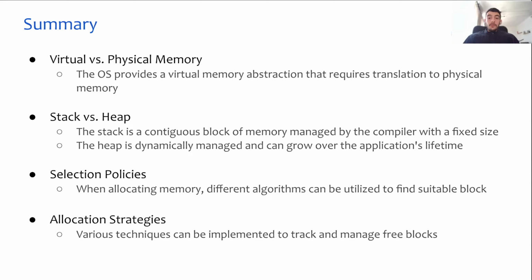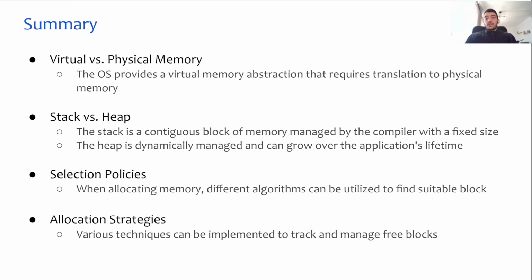Now, having seen all this, let's summarize what we figured out in the previous slides. First, we saw the difference between physical and virtual memory. So the OS provides the virtual memory abstraction that requires translation to the physical memory in order to access the actual data from the application's perspective. Then we saw the difference between the stack and the heap.